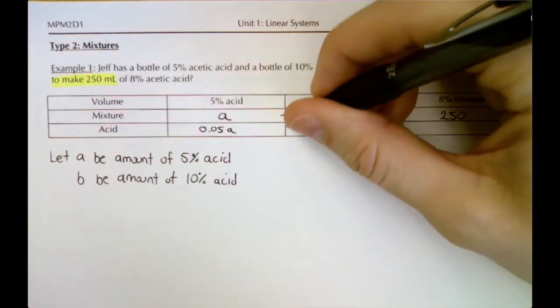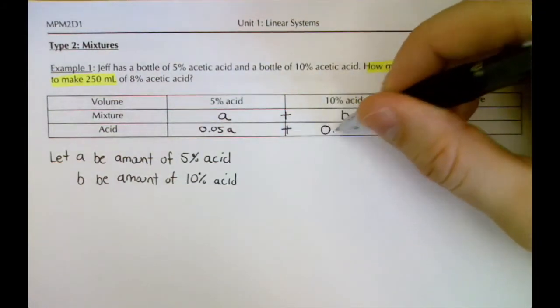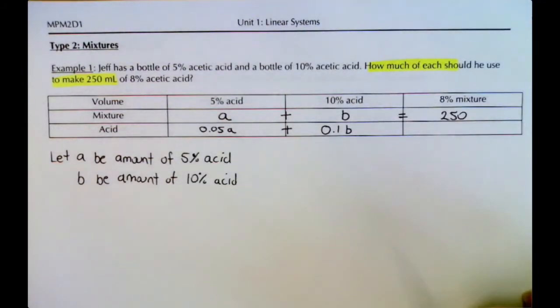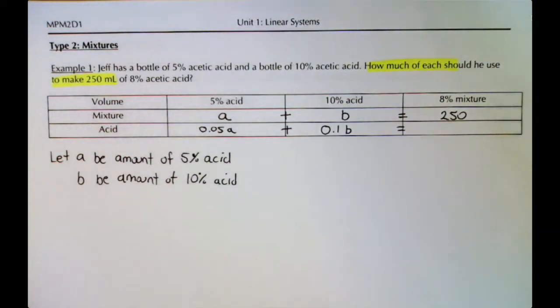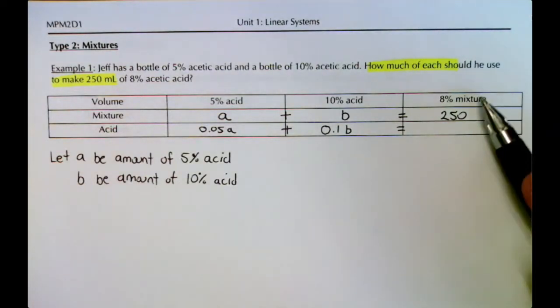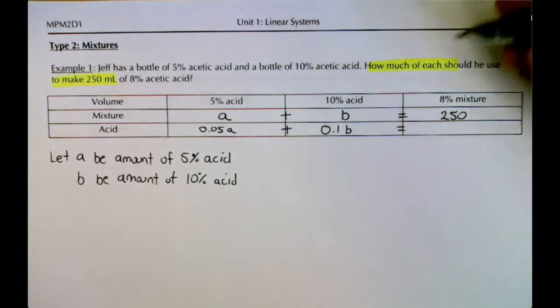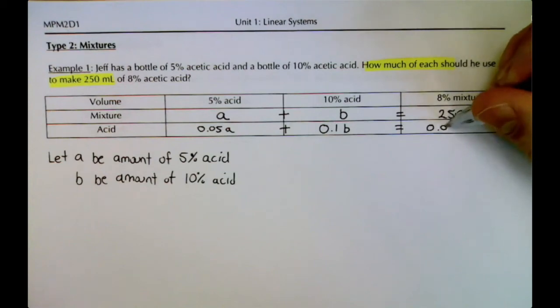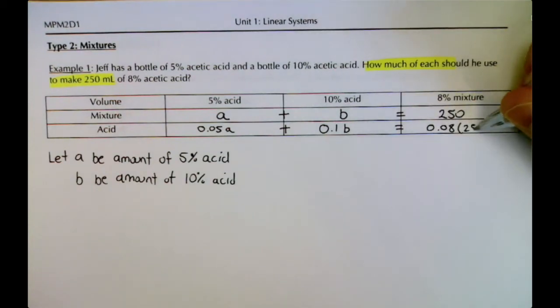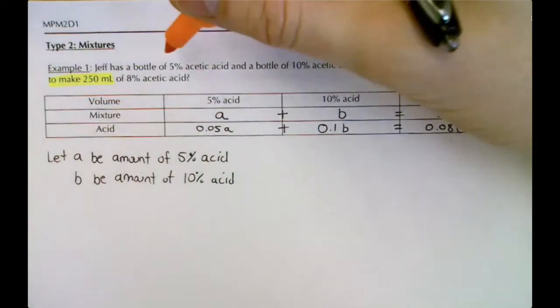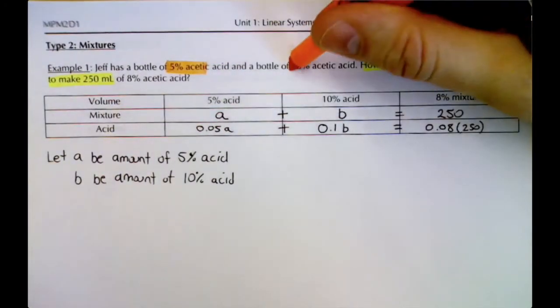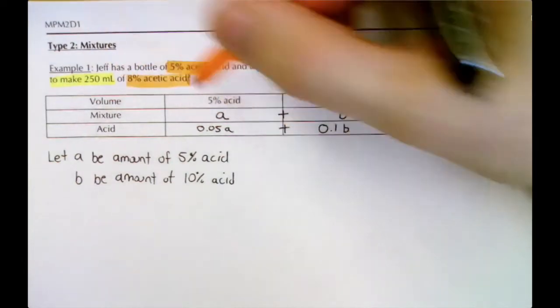And we're going to add that to 10% of B is actual acid, and together we're going to make 250 milliliters, but it's not all acid. Only 8% of it is acid. So that's 0.08 of 250. If you look, this question's actually kind of nice because it's really one equation and then we tweak it with the percentages. So we've got 5%, 10% to make 8%.